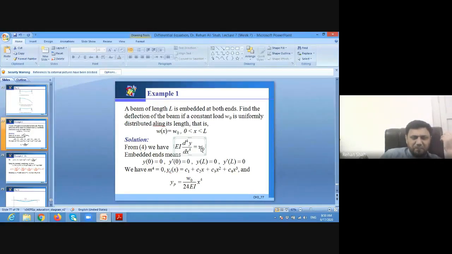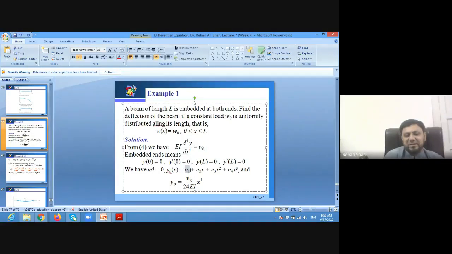So if you take yp equal to A, A is present in yc, so you will replace yp by Ax, but again it is present in yc, so you will replace it by Ax^2. It is again present, so your last yp is Ax^4. If you calculate A, this will become W0 over 24EI. This is clear, it's simple.